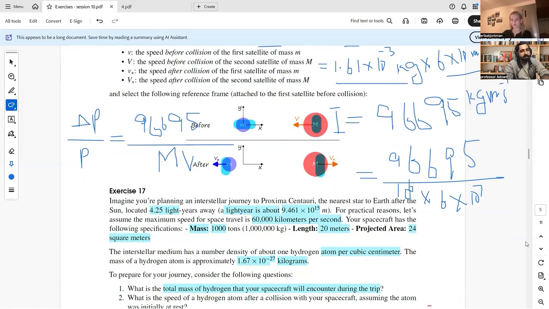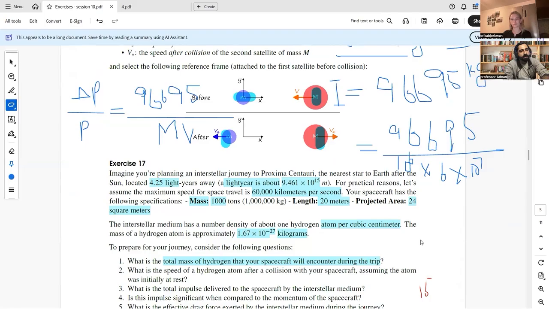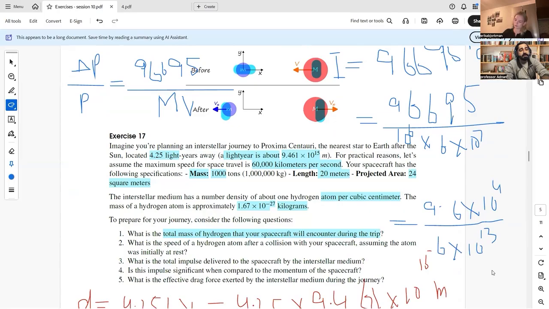For example, if I write the numerator and denominator in scientific notation, then the upper value is 9.6 cross 10 raised to the power 4 divided by 6 cross 10 raised to the power 13. That is a difference of roughly 9 to 10 powers of ten.